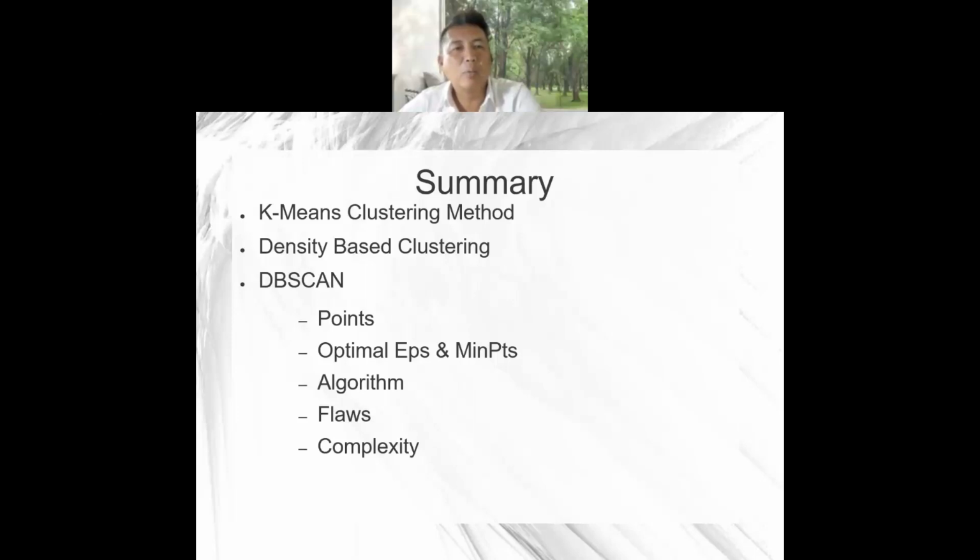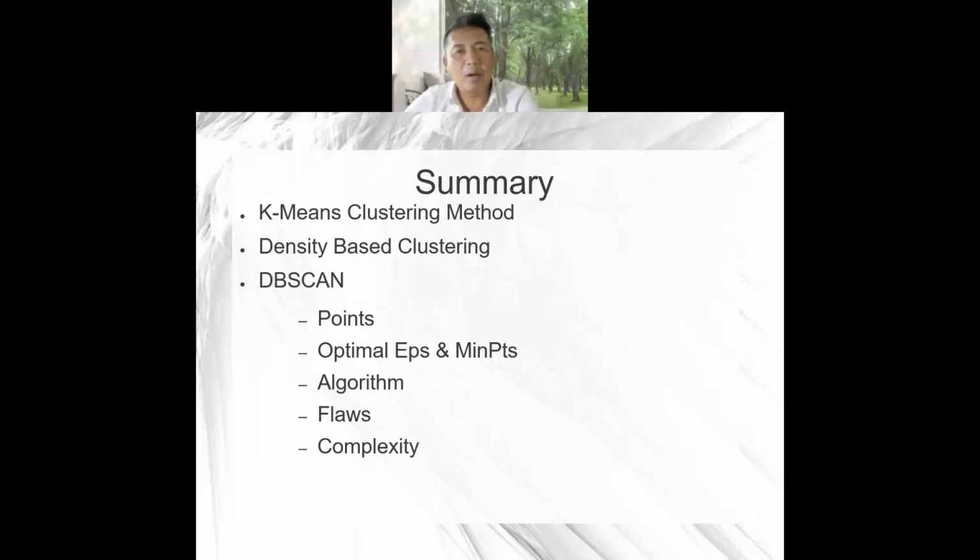We will go over some important aspects of DBSCAN: the optimal radius of the cluster, and the minimum number of points in the cluster. We look at the algorithm in general, and then the disadvantages and complexity.